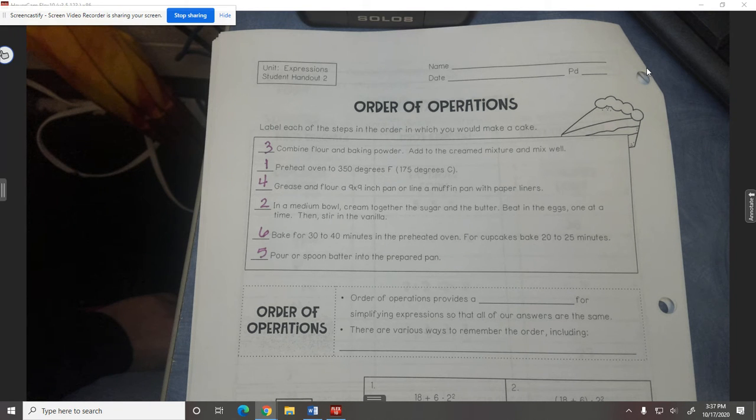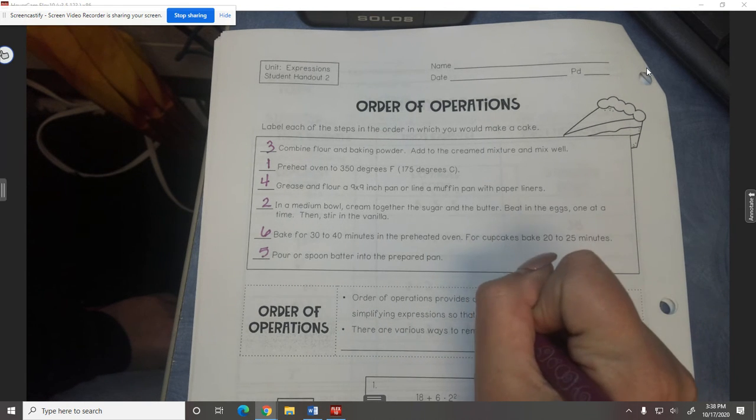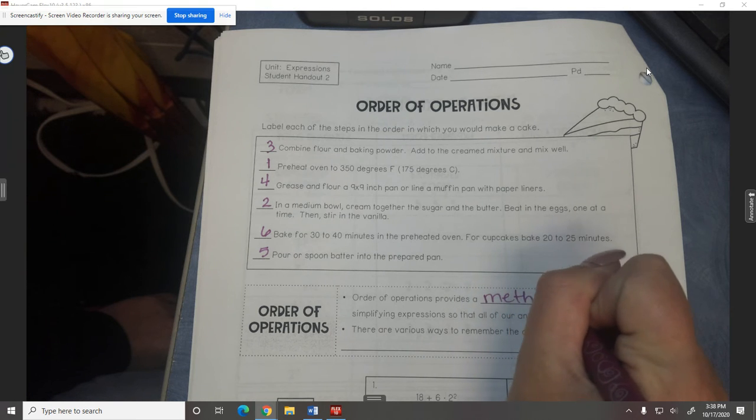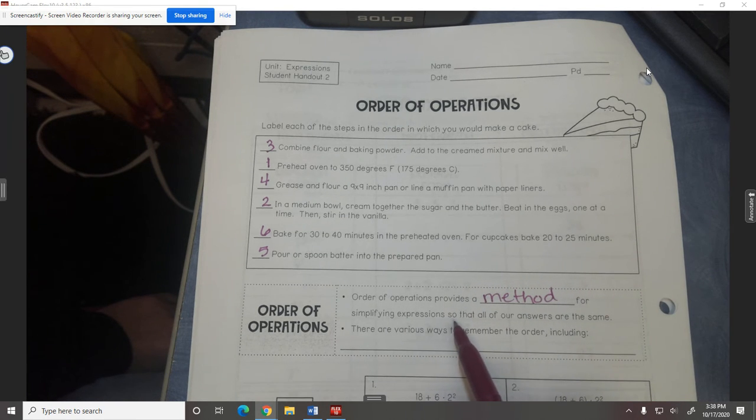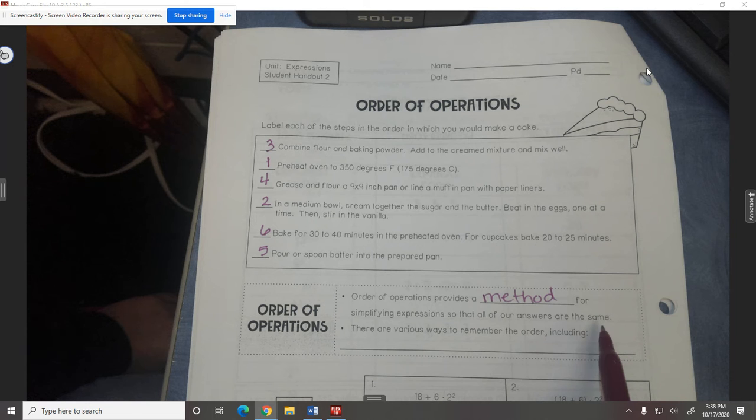Or if I just put flour in a bowl and put it in the oven, we're not going to have our cake. So the purpose behind this is to show us that steps are very important, and steps are very important in math as well. It's important so that we can all follow the same steps so we can all get the same results or the same answers. And so right here, our first blank says, order of operations provides a method for simplifying expressions so that all of our answers are the same.